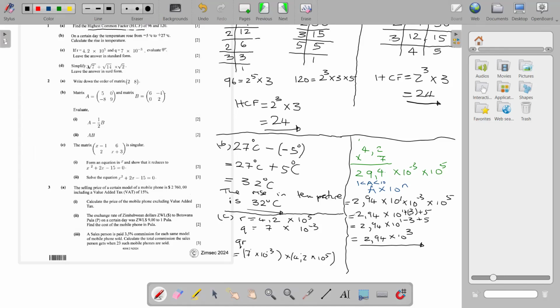You are given that 3 root 7 plus root 14 times root 2. We are going to apply BODMAS, whereby we start with multiplication.